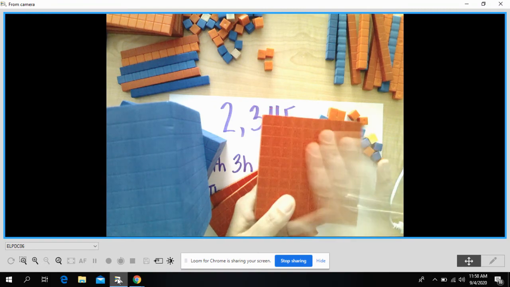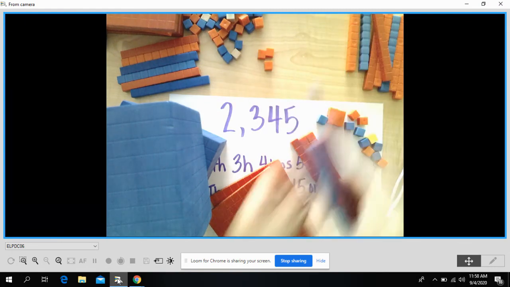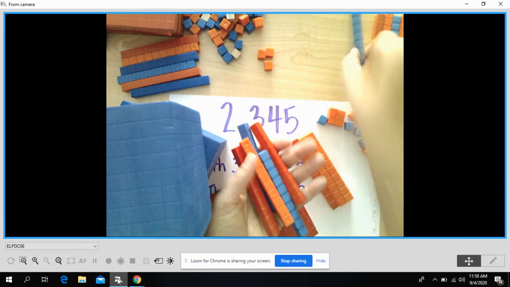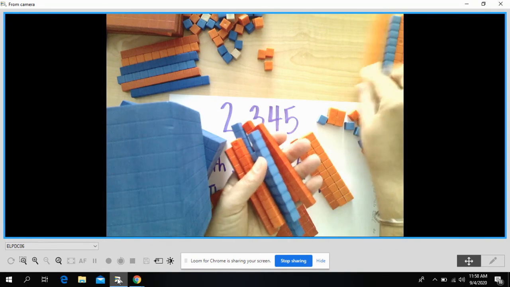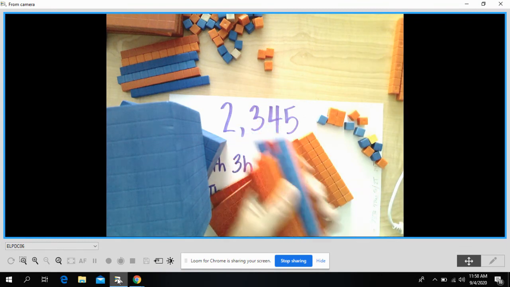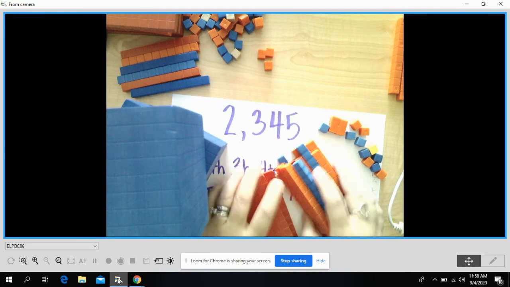So I'm going to take this away and replace it with 10 tens. There's 1, 2, 3, 4, 5, 6, 7, 8, 9, 10. All right, I'm going to put them down here and add them to the tens I already have.